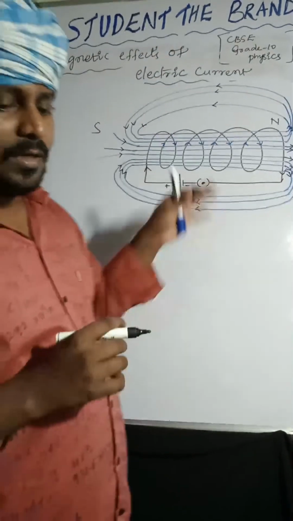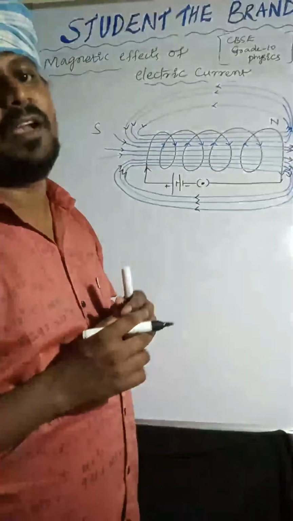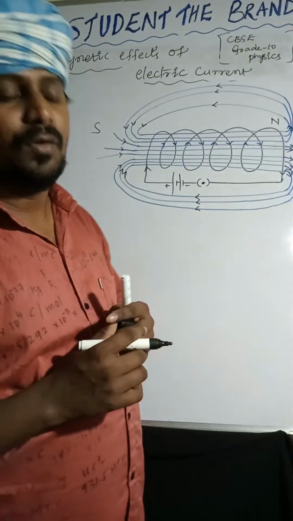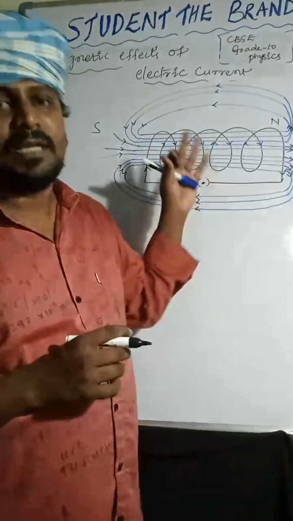Okay, so now you can see this is the magnetic field around the current carrying loop. So we can say this is solenoid.